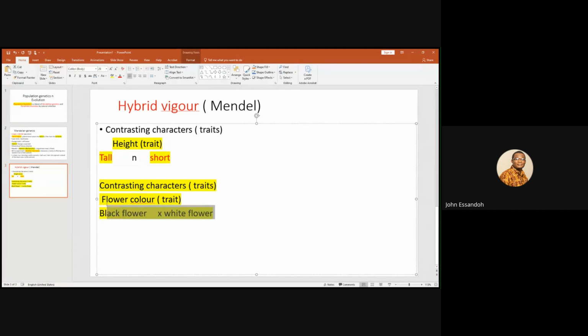If I choose another one, like seed texture, I will pick smooth and rough. So I'll pick smooth, crossing with rough.